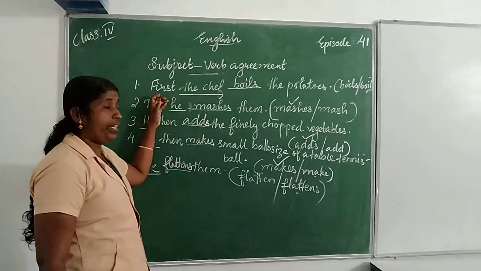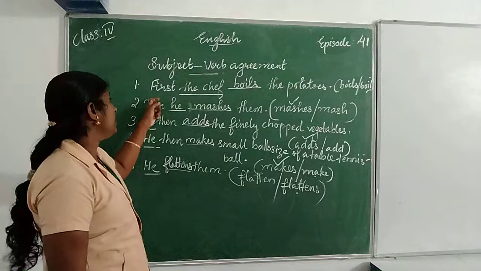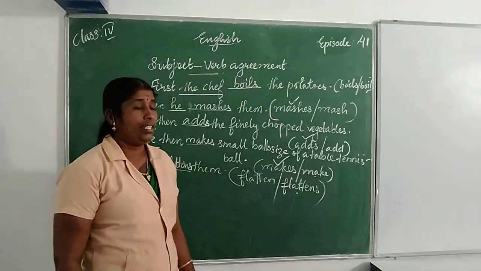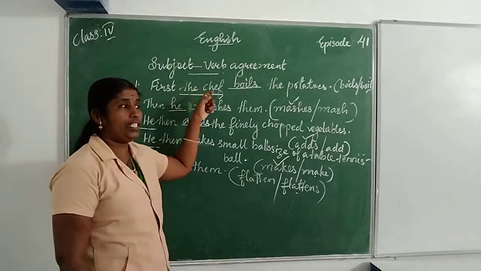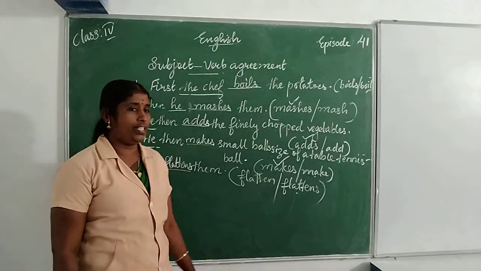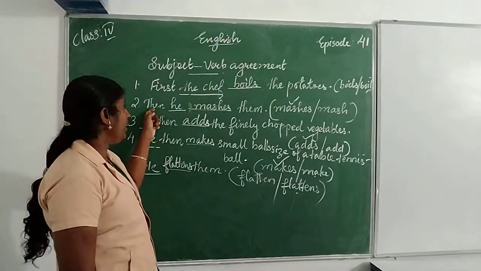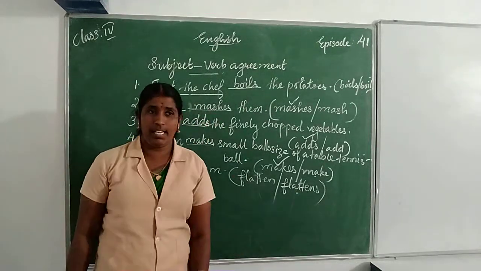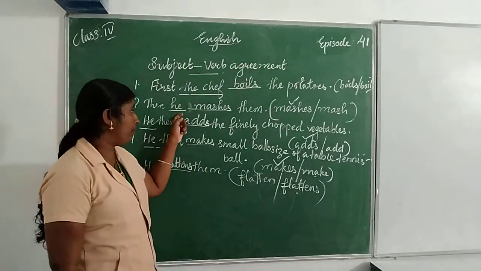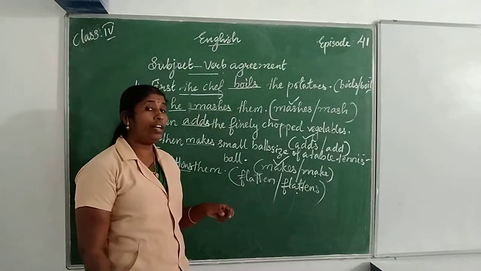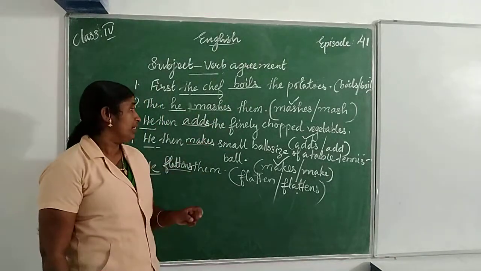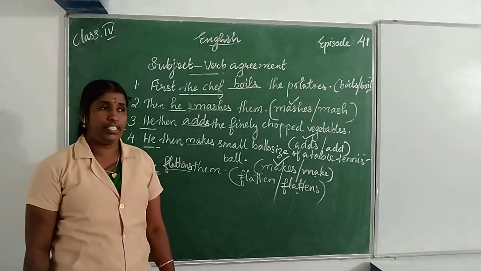Look here, once again I am saying this. First, the chef boils the potatoes. The chef is a singular subject, so we use the singular verb boils. Then he mashes them. He is a singular subject, so we use the verb mashes. Third one, he then adds the finely chopped vegetables.